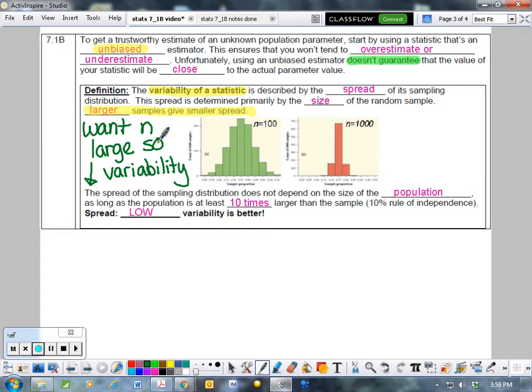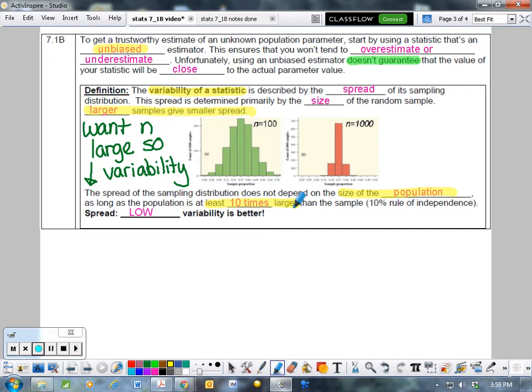Keep in mind, this is really important. The spread of the sampling distribution is not determined by the size of the population. No, it is the size of the sample that matters. Now we have to be careful because of our independence rule. We need to make sure that our population is at least 10 times larger than our sample.